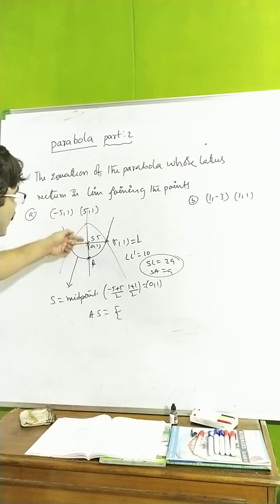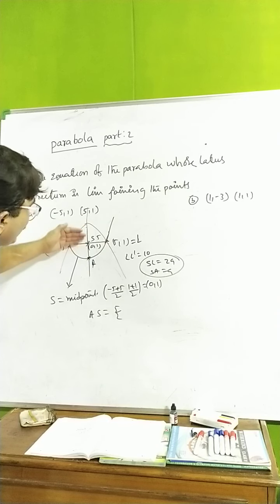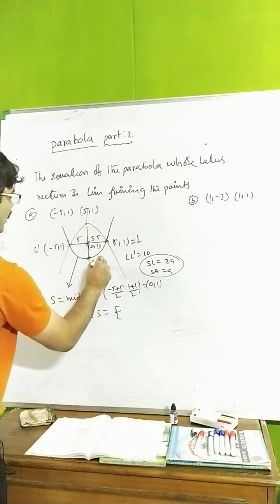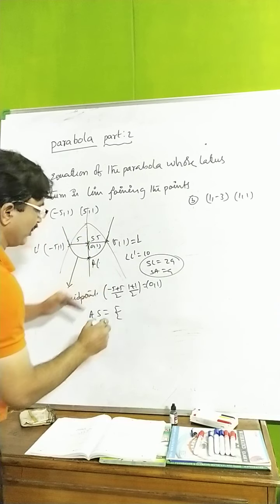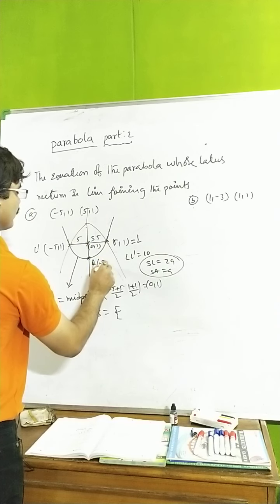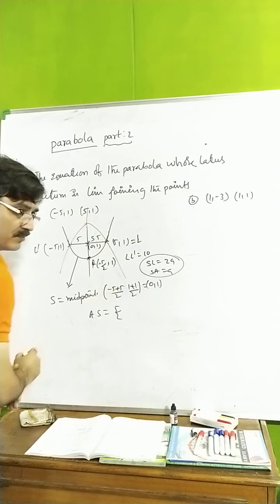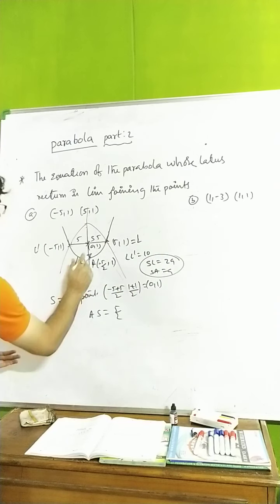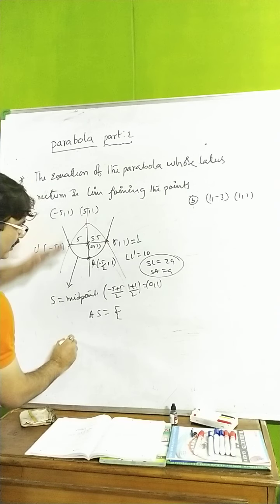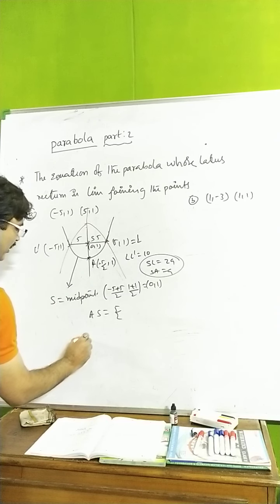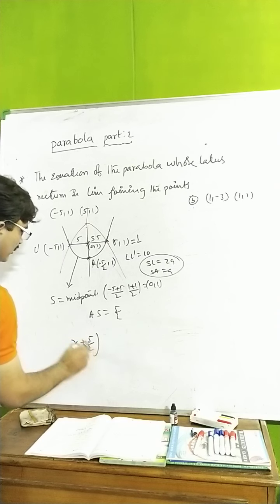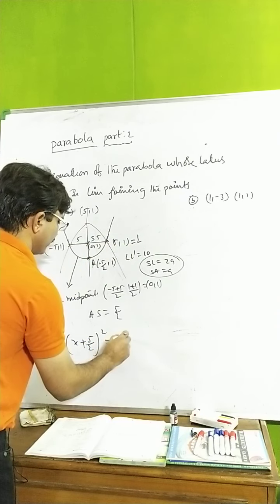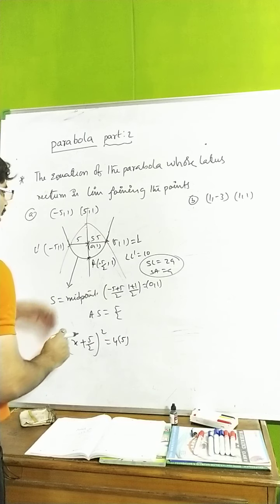Now you have to come down 5 by 2 units from the origin. What is the point now? Below the origin, 5 by 2 units, so minus 5 by 2, and it is 1 as usual. Now we can write the equation. Up is the direction, so x minus 5 by 2 plus whole square will get 4a. What is a? a is 5.